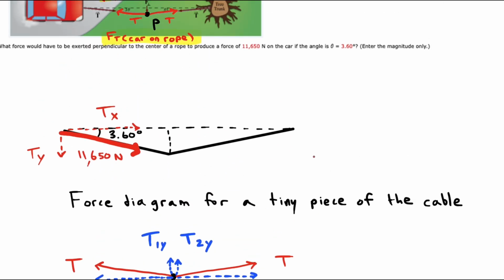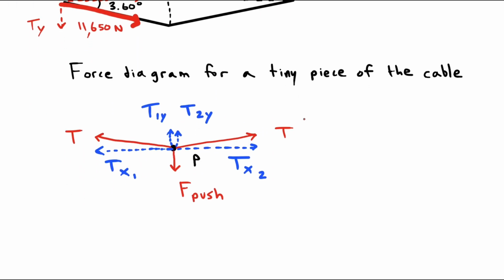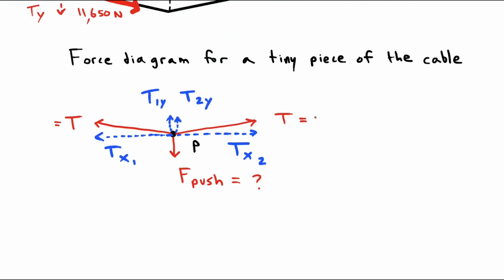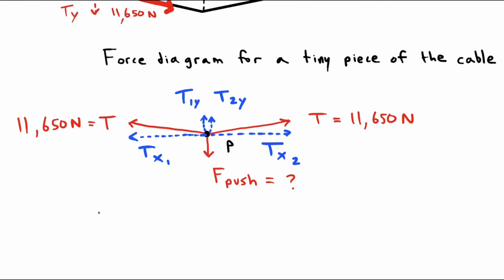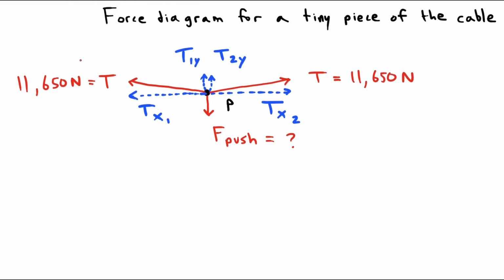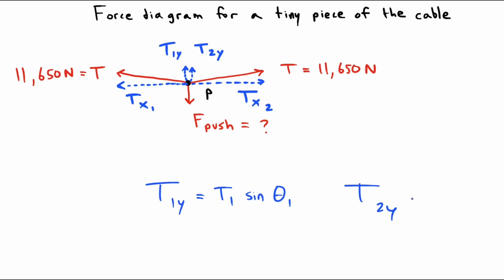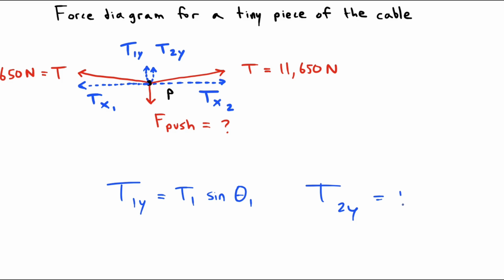The push is what we're looking for, actually, but we do know the strength of the tension, 11,650. Since we know the diagonal, we can find the components. Your T1y is going to be T1 sine theta 1, and T2y is T2 sine theta 2.